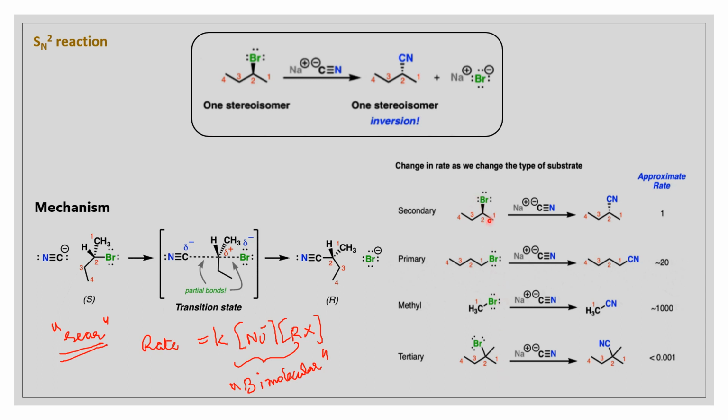That makes the attack of the nucleophile more difficult. Therefore, the order of reactivity in the case of an SN2 reaction is tertiary less than secondary less than primary. So the primary has the highest reactivity in SN2, because in the case of primary the steric hindrance is very small. That is reflected in the rate of the reaction. The approximate rate goes on decreasing when you move from primary to secondary alkyl halide.